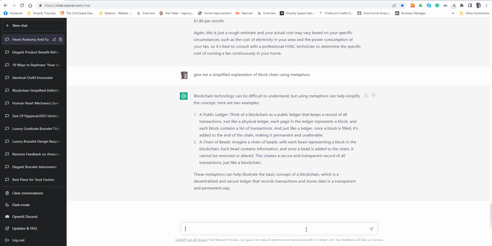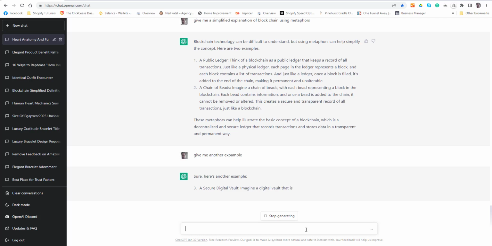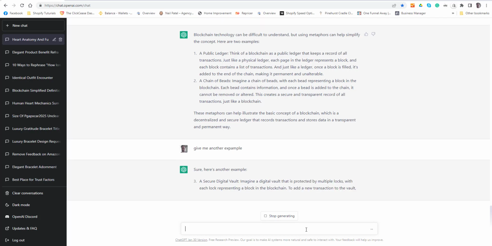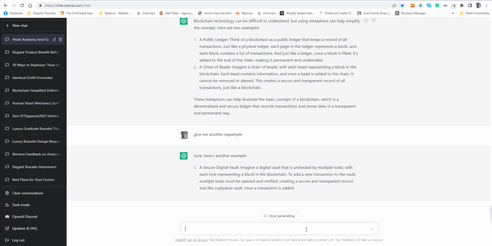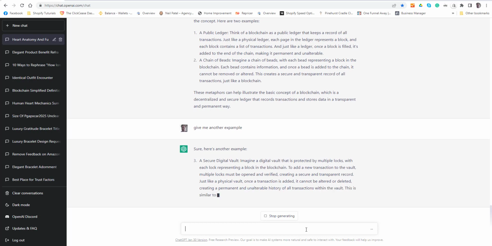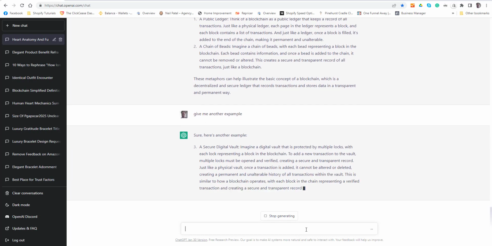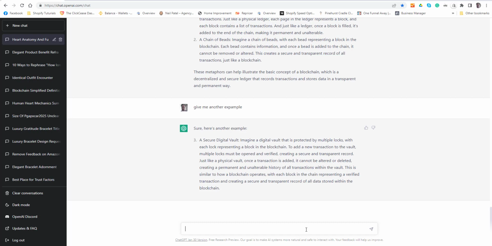So it's pretty good, but it can do better. Give me another example. And then it goes into a secure digital vault. Imagine a digital vault that is protected by multiple locks, with each lock representing a block in the blockchain. To add a new transaction to the vault, multiple locks must be opened and verified, creating a secure and transparent record.